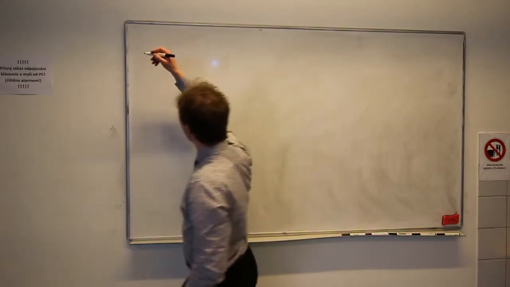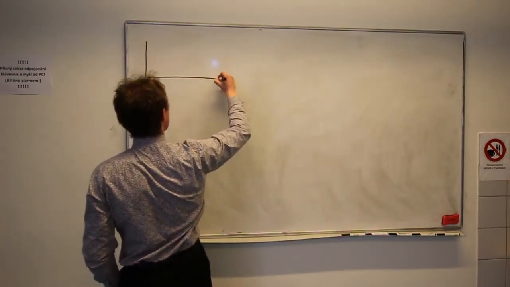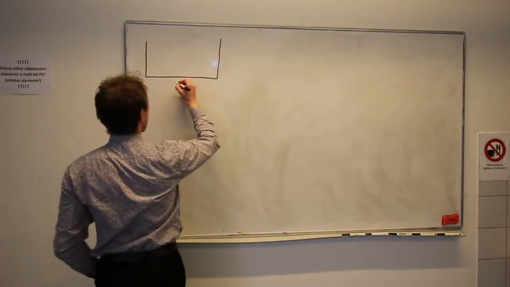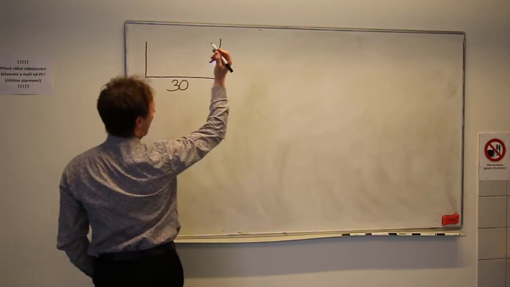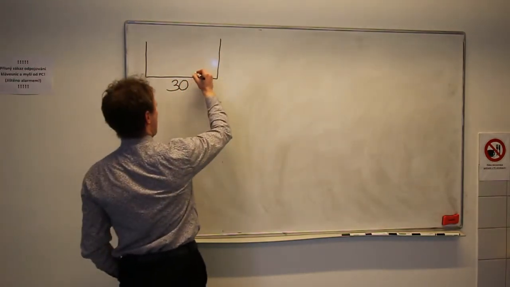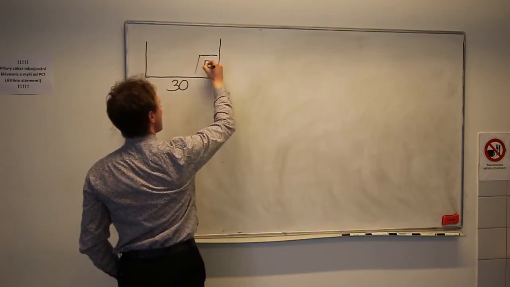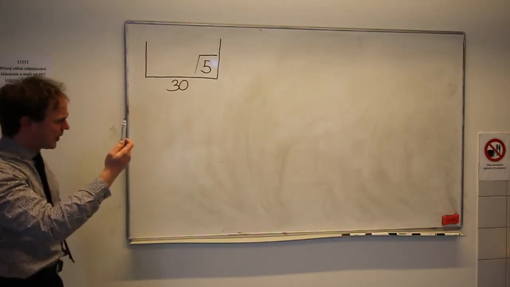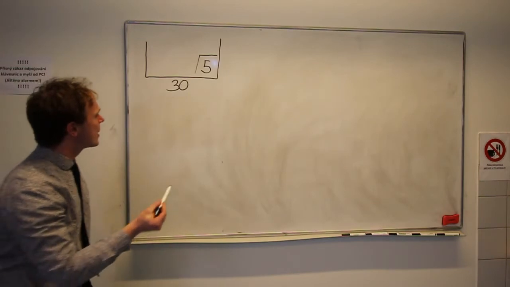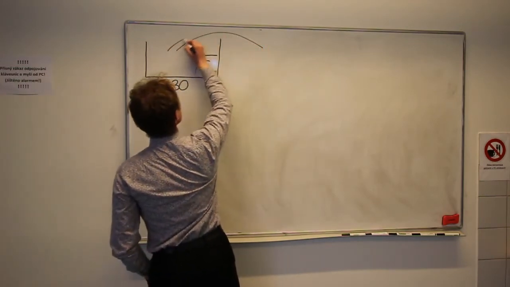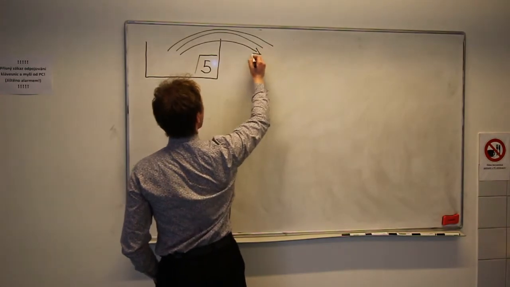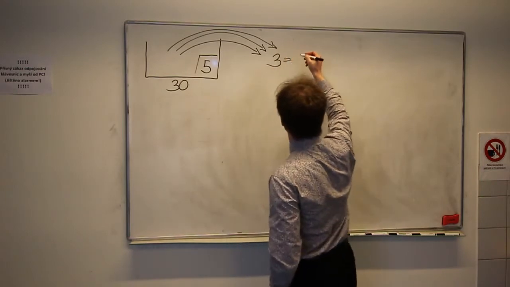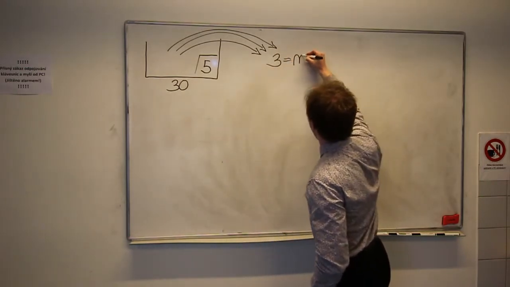Okay, so we know, according to the example, that there is a box in the warehouse, and we have 30 bulbs in this box, and we know that 5 are damaged, bulbs which were damaged during the police shot exercise. It's necessary to take out from this box 3 light bulbs. So there is a random selection, n, 3 bulbs.